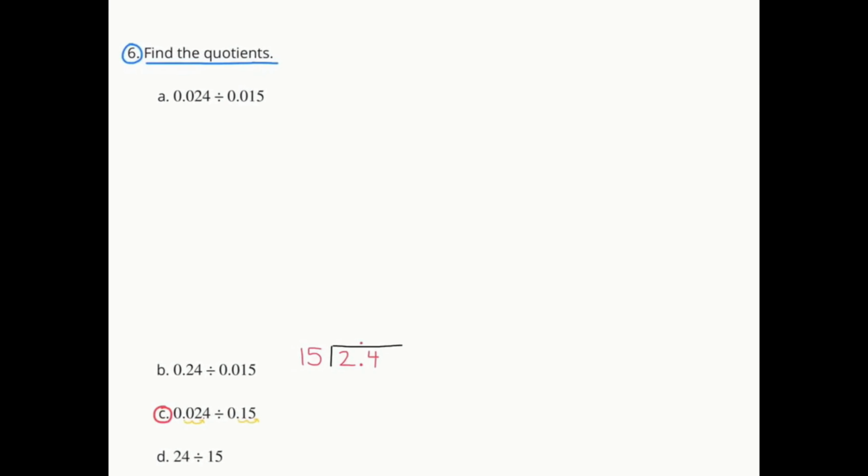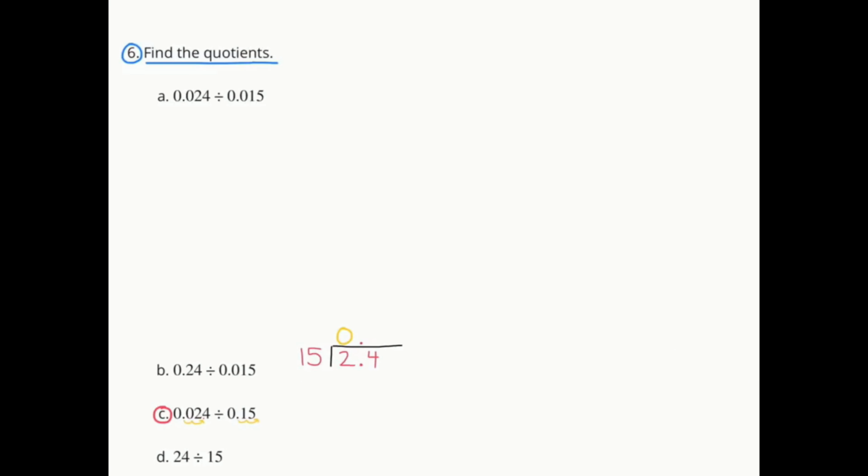The 24 thousandths turned into 2 4/10 because I also needed to make that side 100 times larger by moving the decimal point 2 places to the right. In order to keep the division problem the same, if I make one number larger, I'd have to make the other number larger. In this case, I made the 15 hundredths 100 times larger, so I had to make the 24 thousandths 100 times larger.